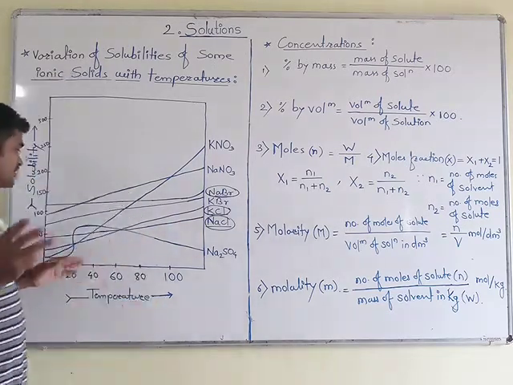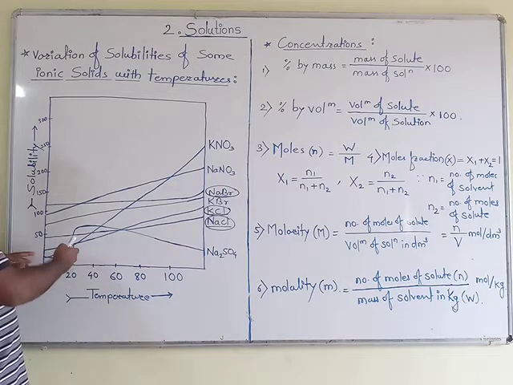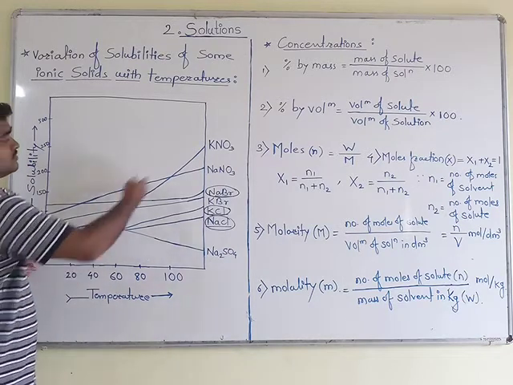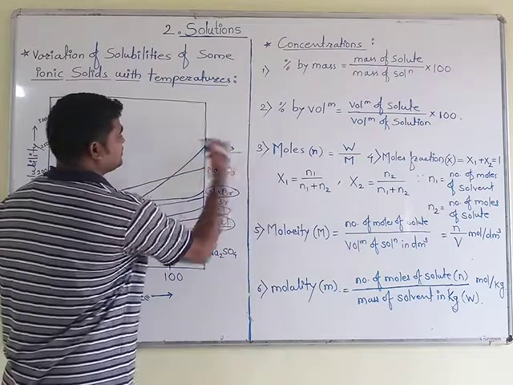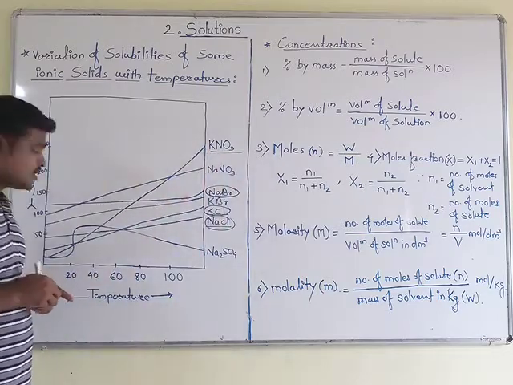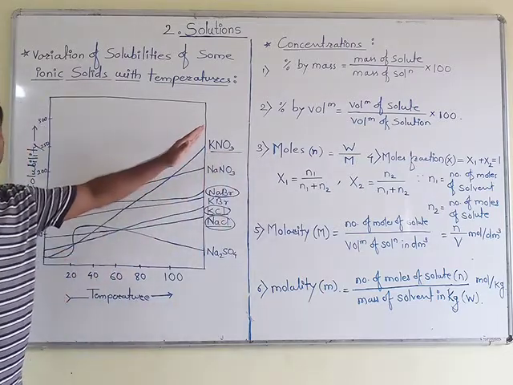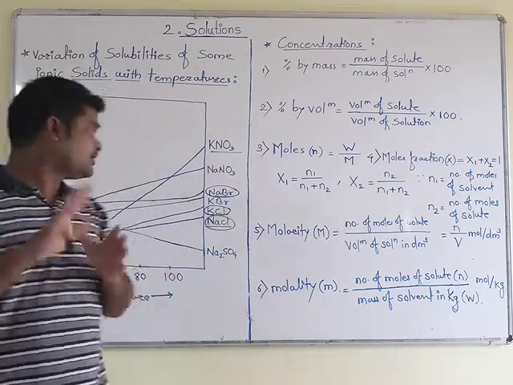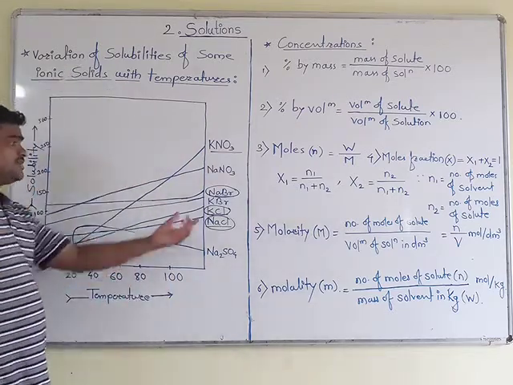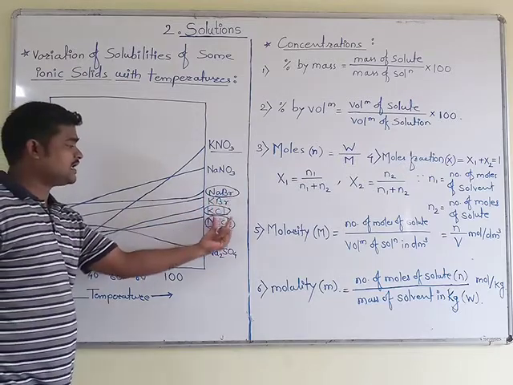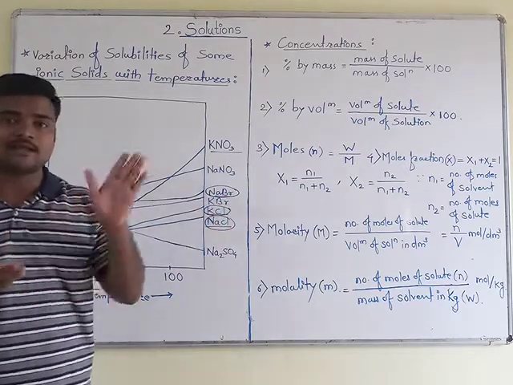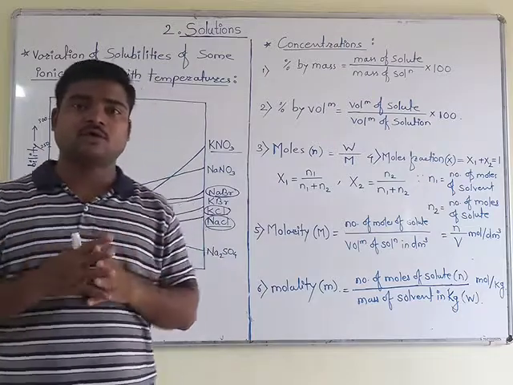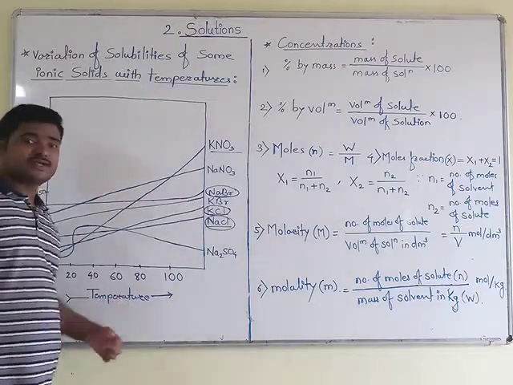A sharp increase you can see with the help of the KNO3 graph. There is a sharp increase if you consider KNO3. But if you look at the nature of these three ionic solids, NaBr, KCl, NaCl, there is a slight increase with temperature.